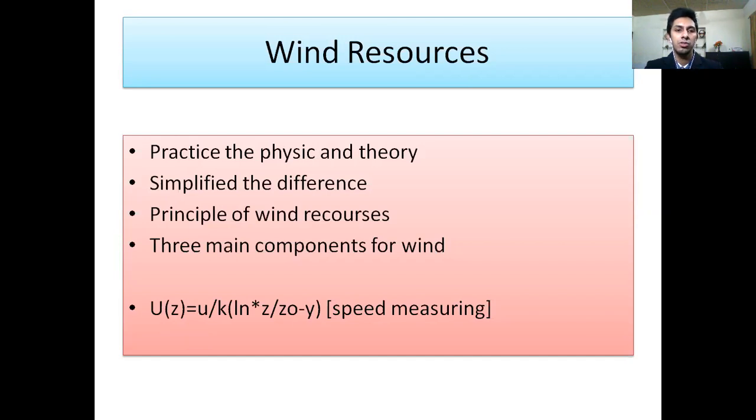Neutral condition means there is no heat flux, so the condition is overcast with high wind speeds, and it varies with the geostrophic wind. The geostrophic wind is the wind that drives the flow near the surface. The sunny day profile is larger than the neutral wind profile, as the wind speed is reduced near the ground and increases fairly fast with height, up to about 100 meters.